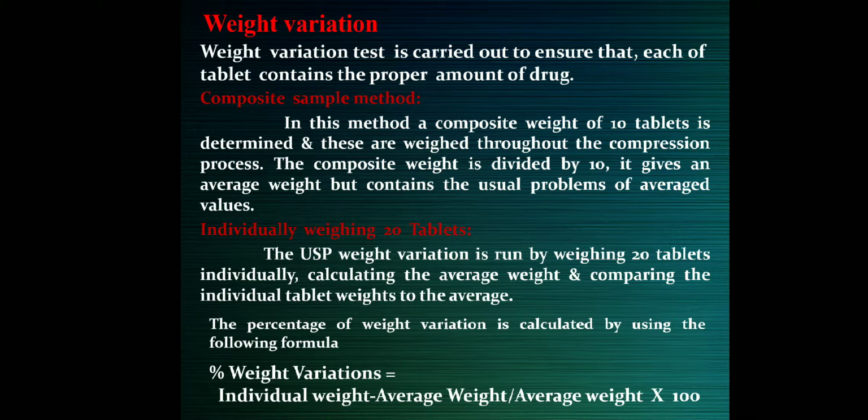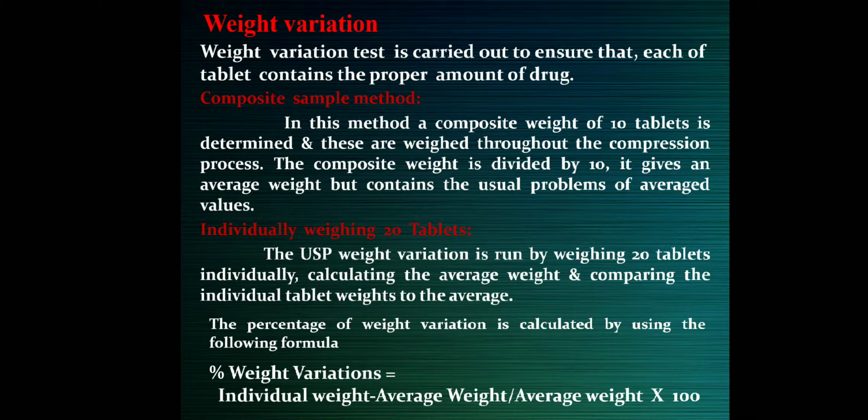Composite sample method. In this method, a composite weight of 10 tablets is determined, which are taken randomly from the batch. These are weighed at intervals throughout the compression process. The composite weight is divided by 10.